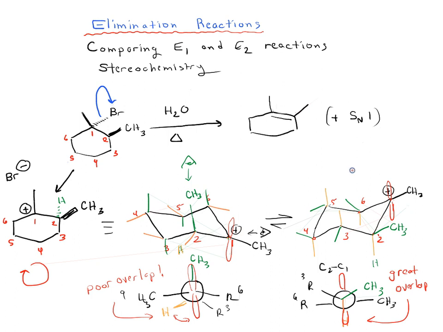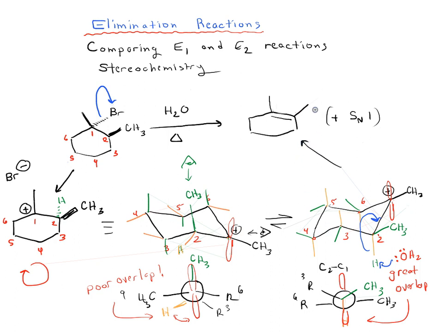So this means that our base, let's say that it's water, is going to take a proton away from here, and we can show this occurring, and this would give us our alkene.